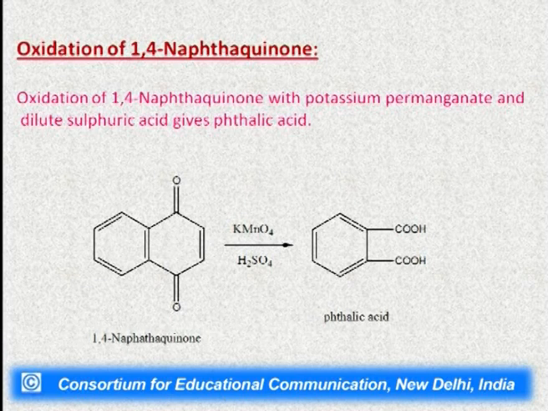Oxidation of 1,4-naphthoquinone in the presence of potassium permanganate in acidic medium with dilute sulfuric acid will give us phthalic acid. Here the oxidation is taking place at these 2 ortho positions of naphthalene, and we will get the oxidized product, phthalic acid.